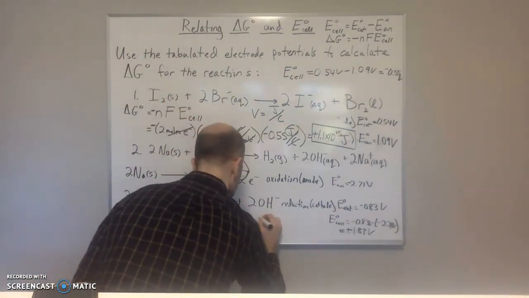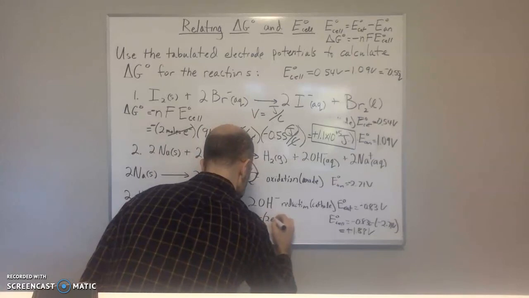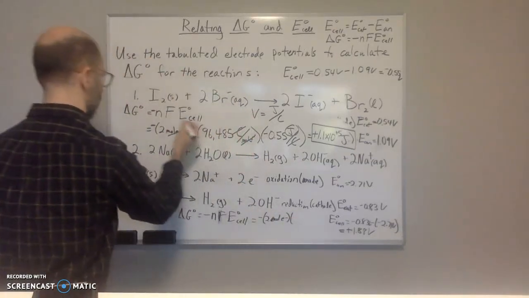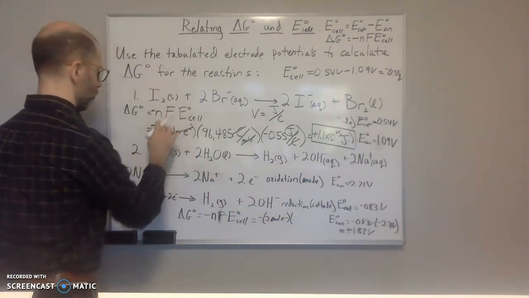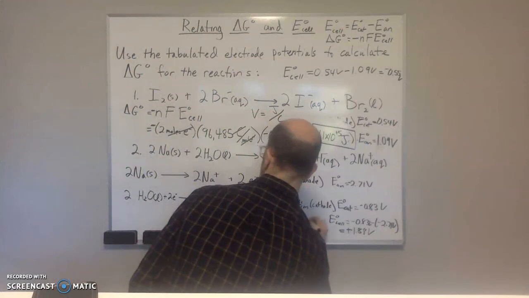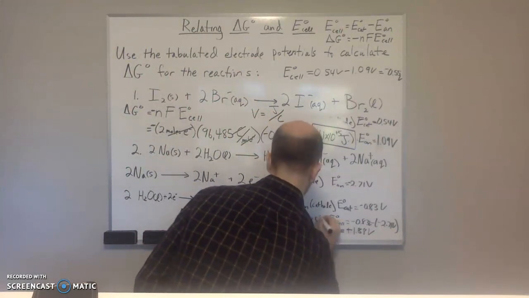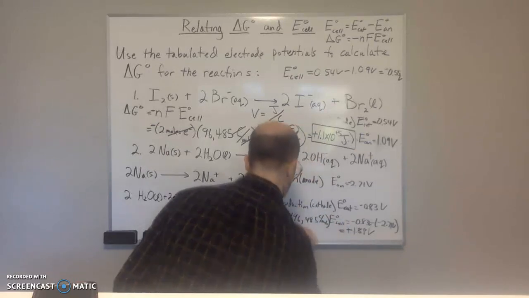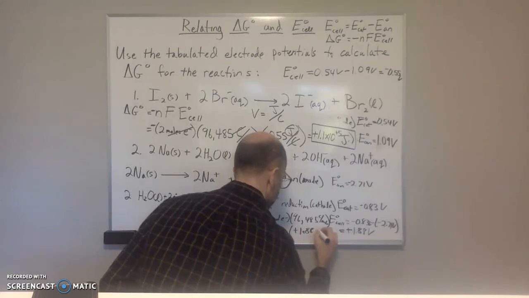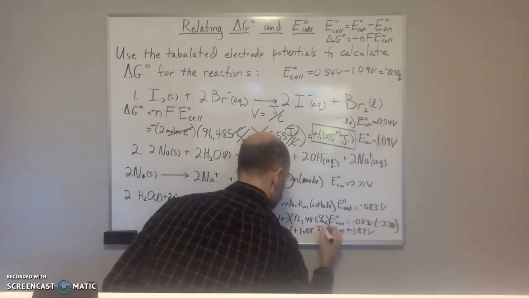So that's going to be -2 moles of electrons times, again, Faraday's constant, 96,485 coulombs per mole of electrons, multiplied by positive 1.88 joules per coulomb.